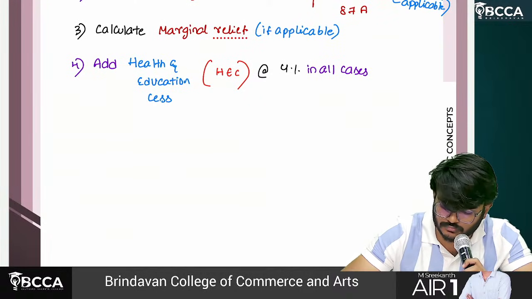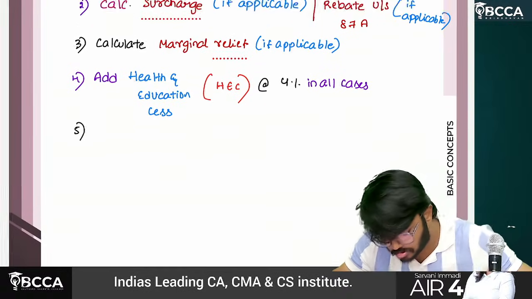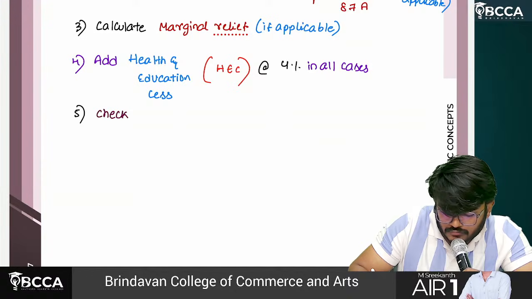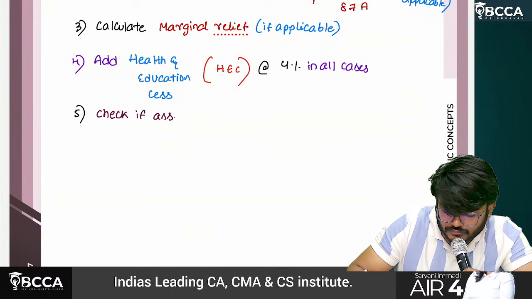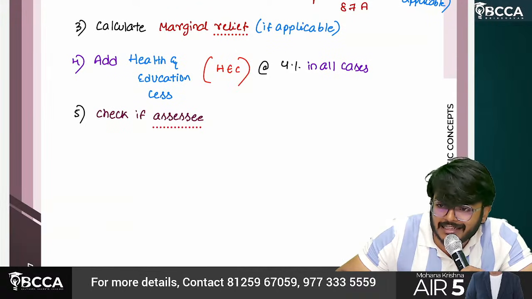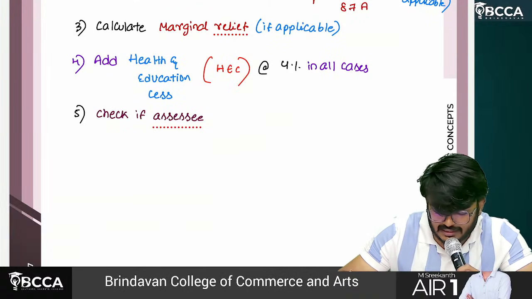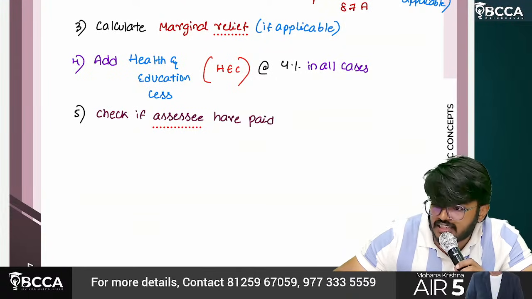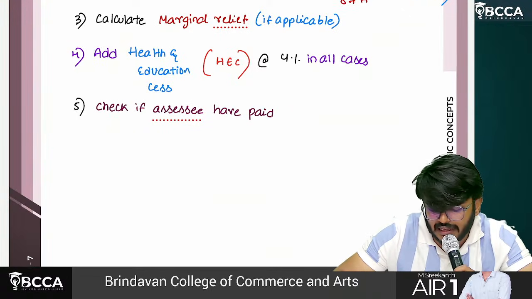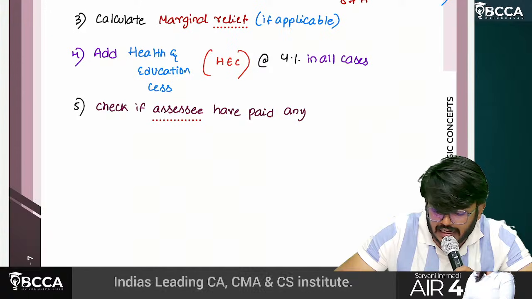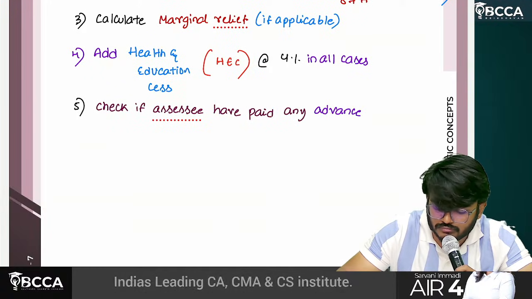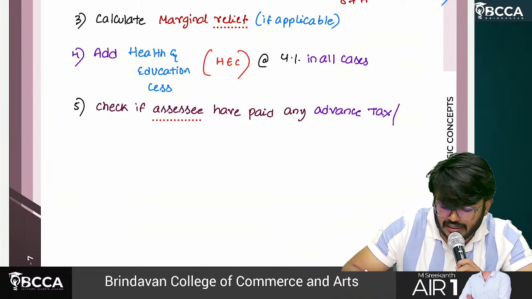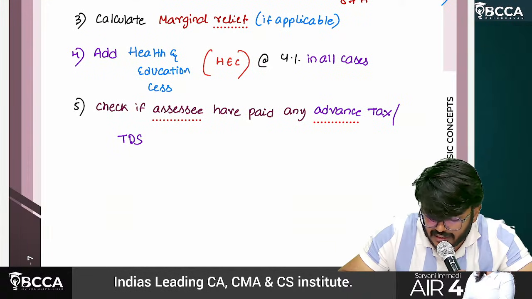Fifth step. Check if SSE have paid any advance tax or TDS or TCS. Just write, I will explain.